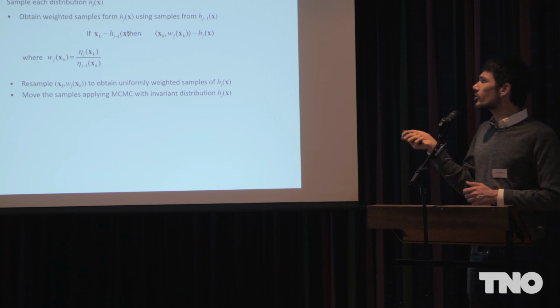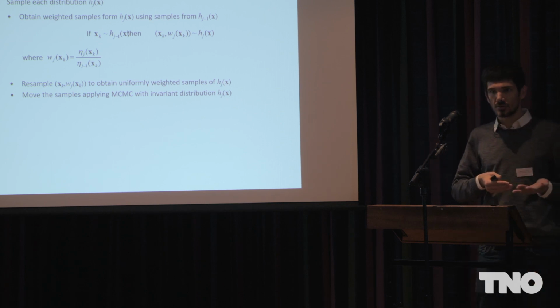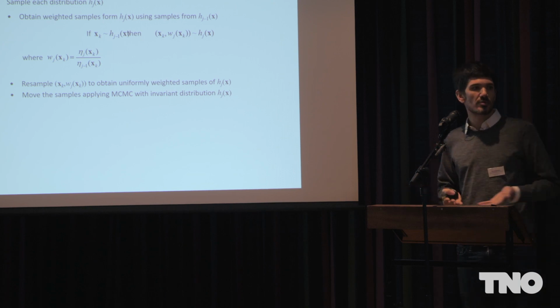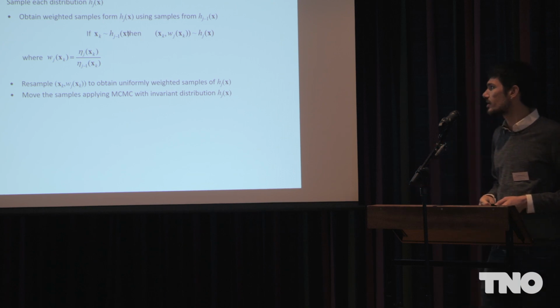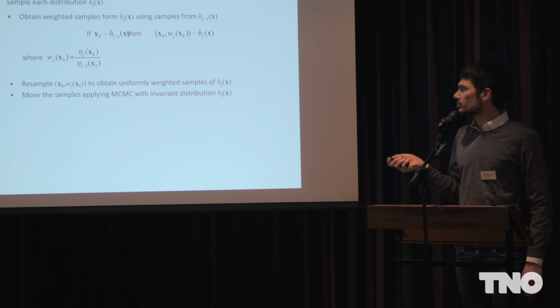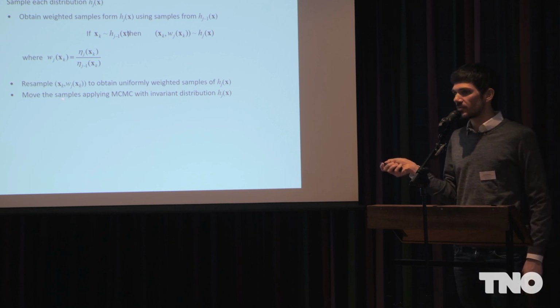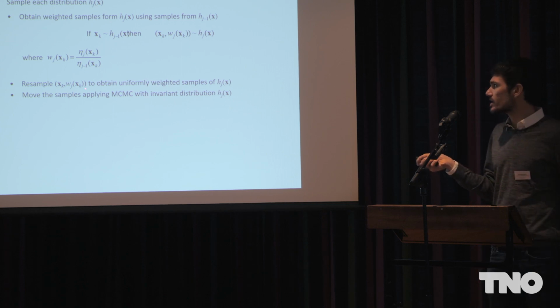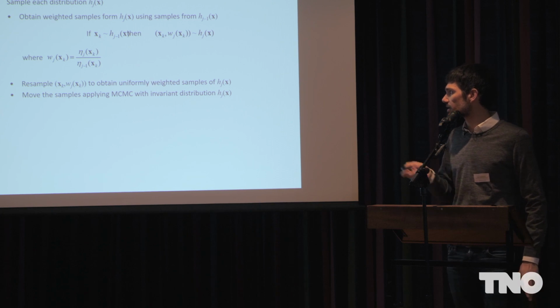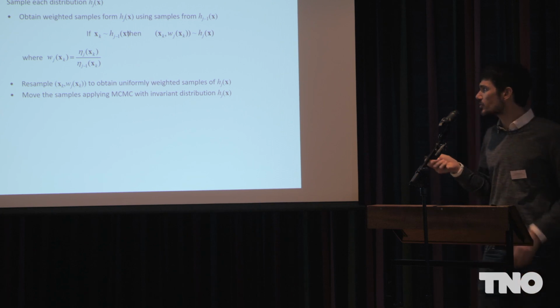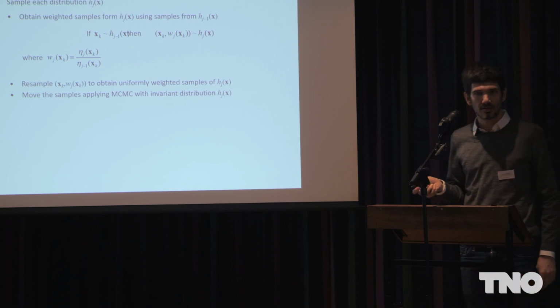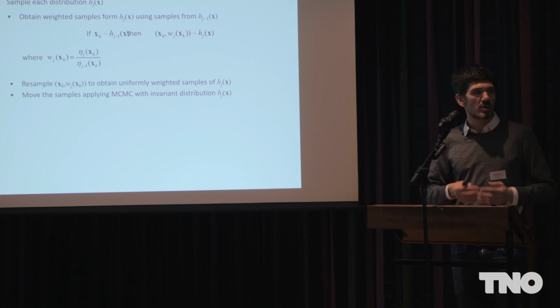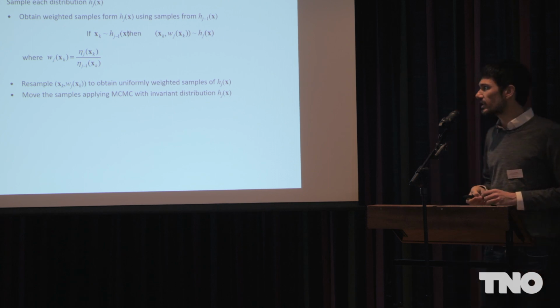Okay? So already by having samples from the previous distribution, we get weighted samples from the next distribution in the sequence. What we do is that we perform a resample-move scheme. In the first step, the resample step, we start from the weighted samples to get uniformly weighted, or unweighted, samples from the distribution Hj. Okay, this we can do by any random sampling technique.